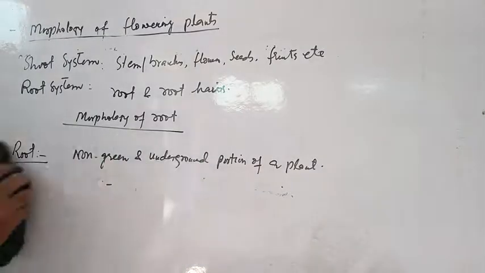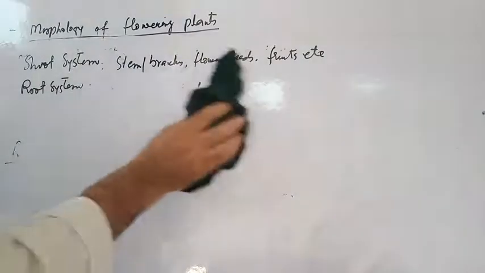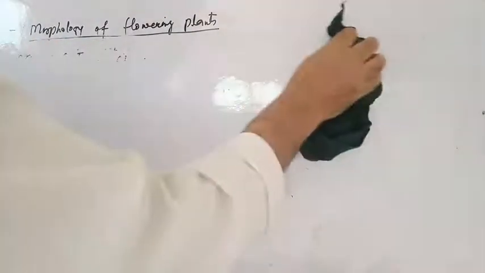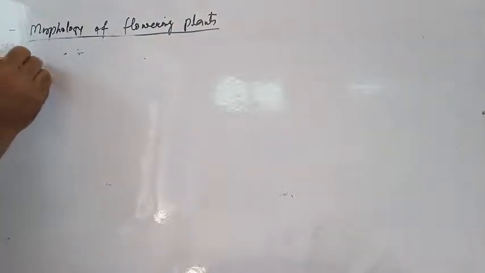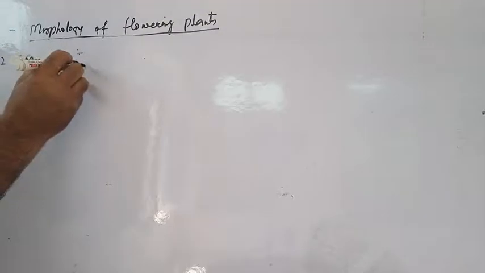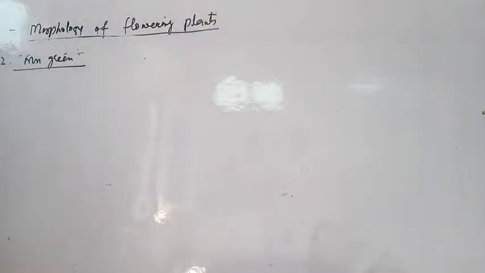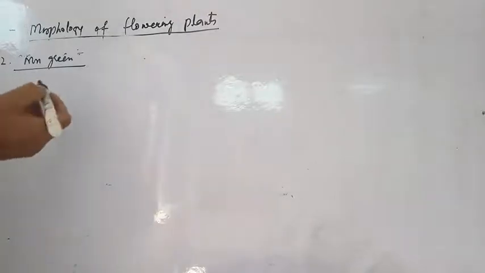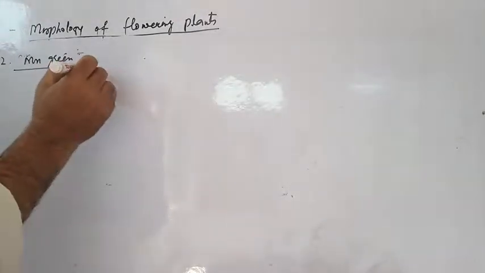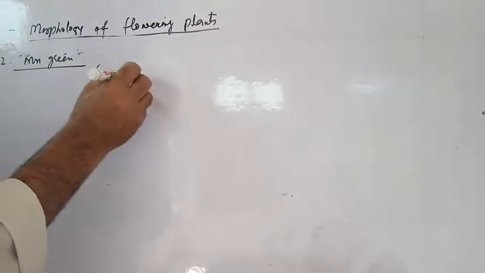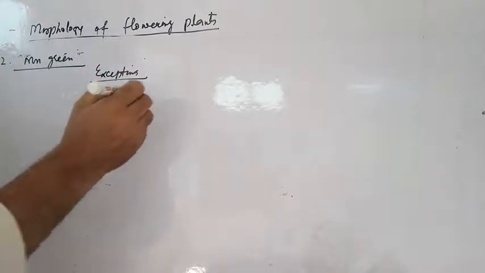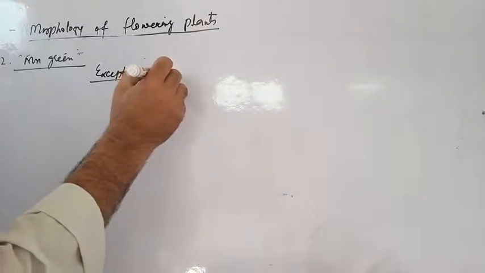The second property which a root shows is that it is non-green. It is a non-green portion of a plant, but there are exceptions, as we see in photosynthetic roots.